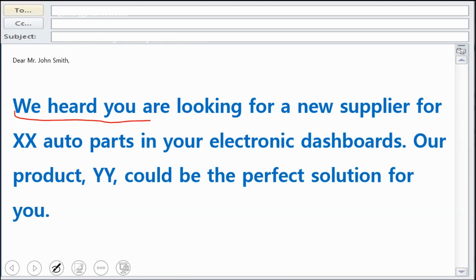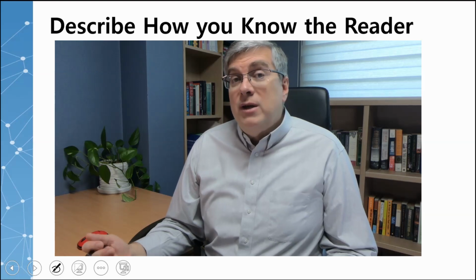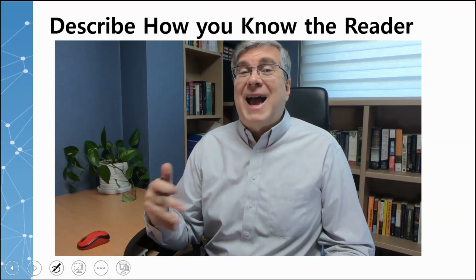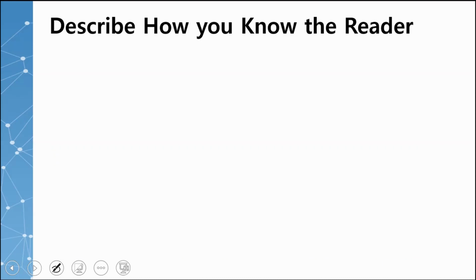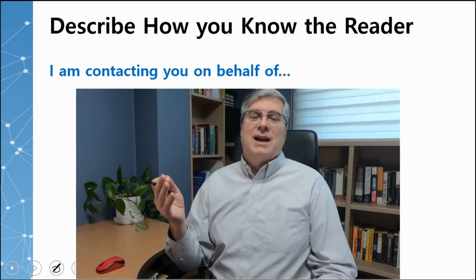But again, remember, in your first paragraph, you want to explain to the reader why you are writing. Then we want to describe how we know the reader, especially if we're contacting them, they've never met us, they don't know us, how do we know them? There are many ways to handle that. You could say, I am contacting you on behalf of, in other words, somebody else asked me to contact you. I had one student write, my boss told me to contact you.